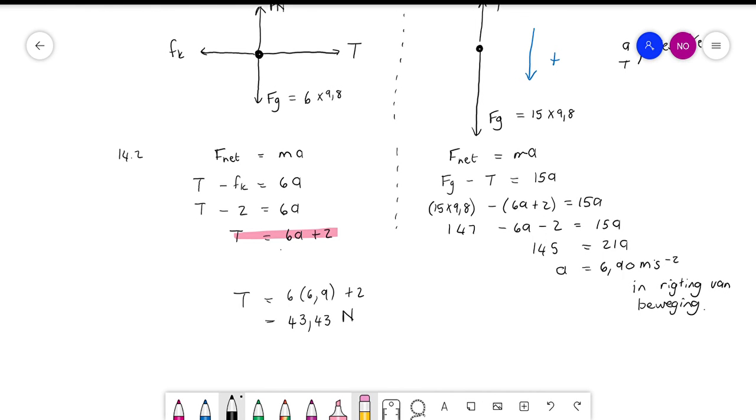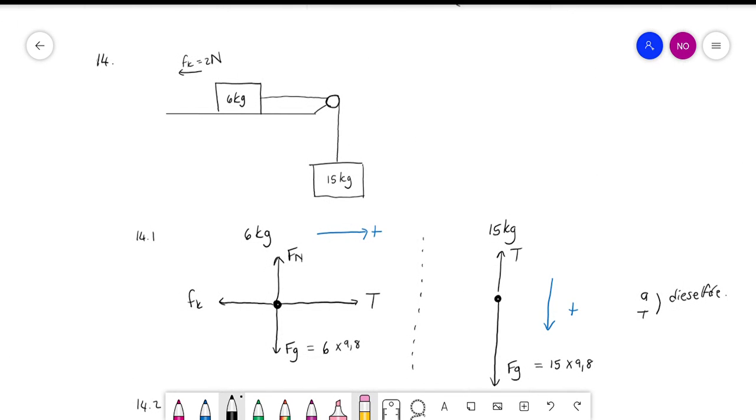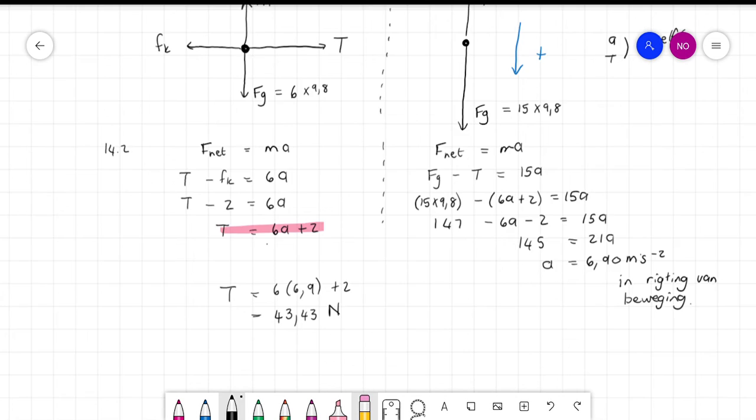Okay, and then for 14.3 they say, bereken die 6 kg blok se snelheid sodra dit die katrol bereik, indien dit 1,4 meter weg begin het. So in other words, if I go back there, it moves 1,4 meters, and they want to know what is the velocity there.